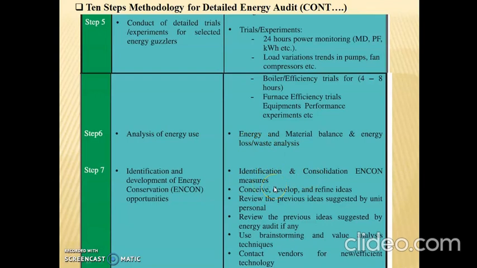So at this step, identification and consolidation of energy conservation measures: conceive, develop and refine ideas, review previous ideas suggested by unit personnel, review the previous ideas suggested by the energy audit if any, use brainstorming and value analysis techniques, and contact vendors for new and efficient technology. This is a very crucial step, and it actually helps to prepare a detailed energy audit.